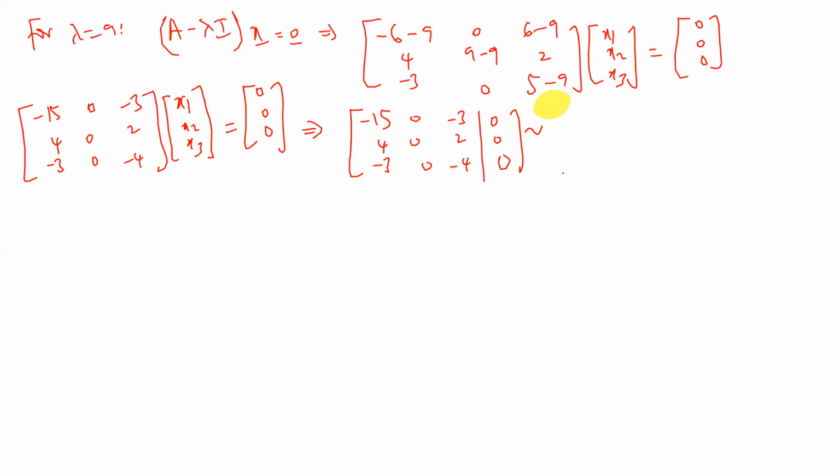And then we can divide through by -15. Minus 1/15 row 1. It's exactly 1, 0, 3 out of 5, 0. 4, 0, 2, 0.